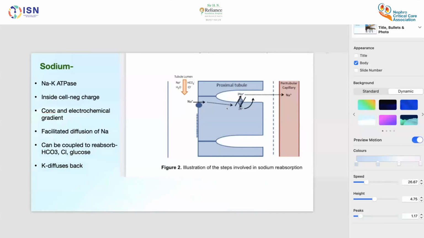This sodium, which is pumped out in the lateral space, is diffused into the peritubular capillary. This is how the sodium is reabsorbed into the peritubular capillary. This reabsorption of the sodium is also coupled with bicarbonate, chloride, and glucose. And this potassium diffuses back into the lateral space.